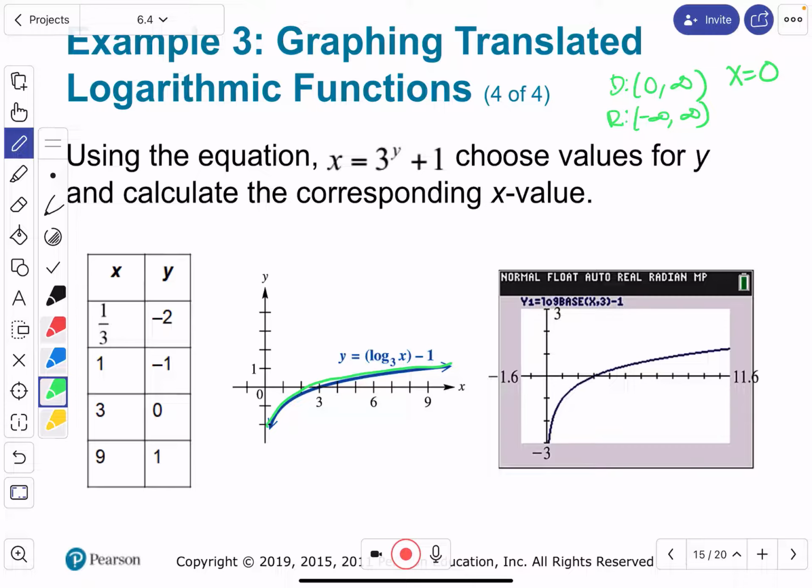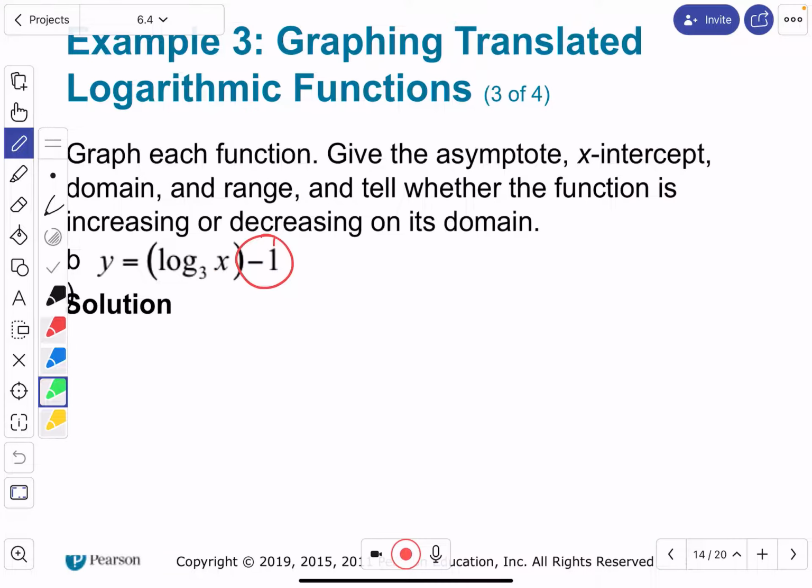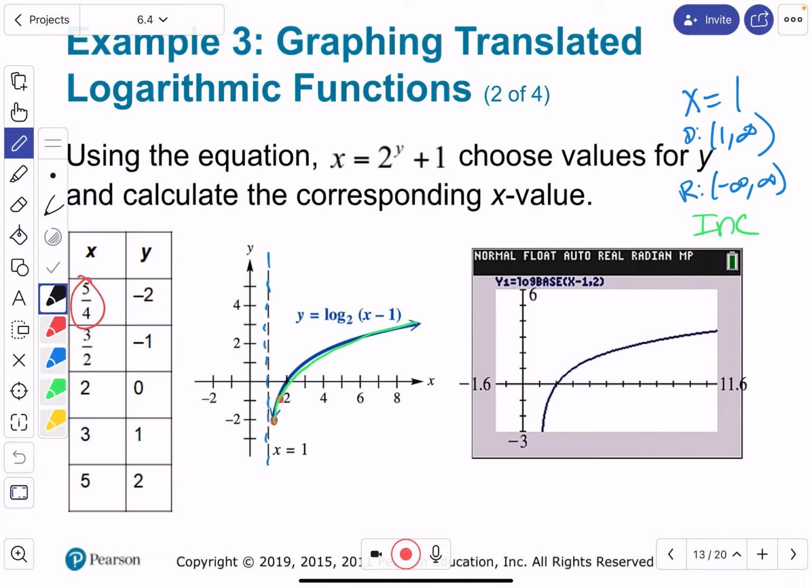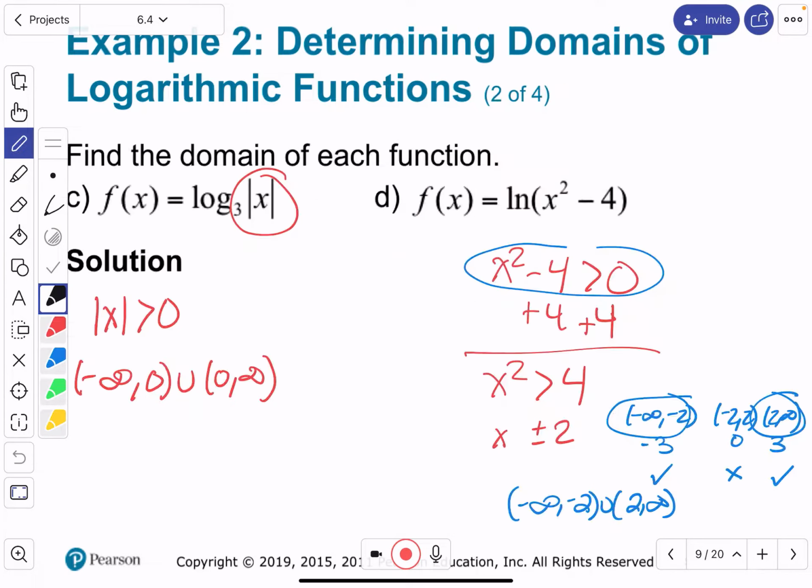You can also figure out your asymptote, just like we did before. You don't want your argument to be inside. So when we figured out your domain, that gave you the asymptote. So if I go back to this screen, if here 0 is what it can't equal, that means our asymptote's x equals 0.